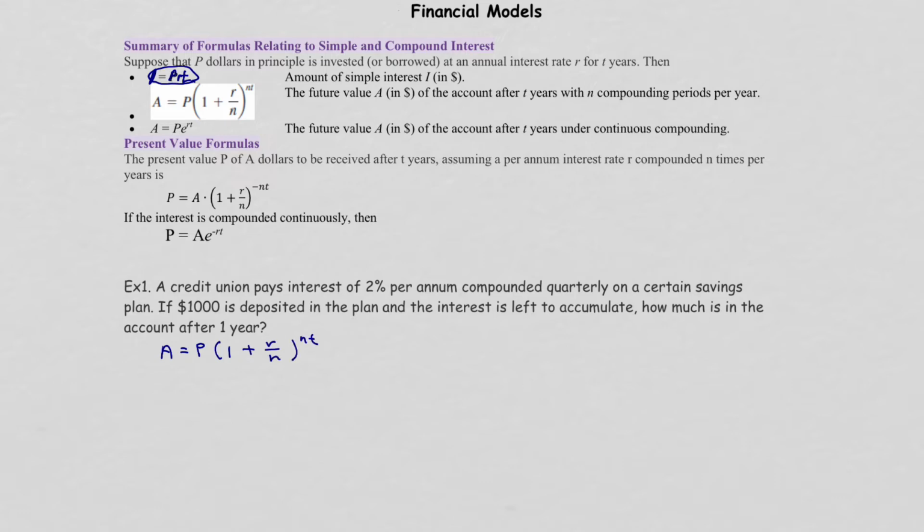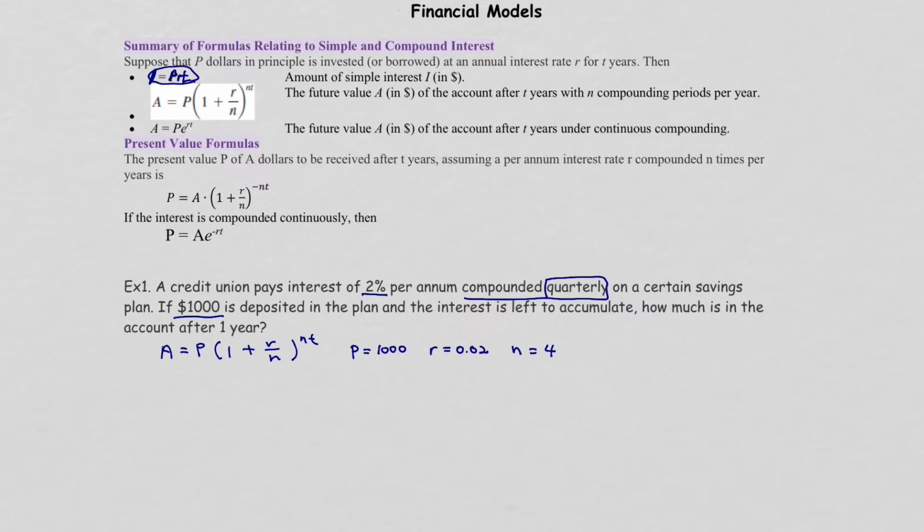We wanted to find your principal, and it looks like that's going to be $1,000. And you wanted to find the rate, 2%, so it'll be 0.02. And then your N, the compounding period. Compounded quarterly means 4 times a year, right?